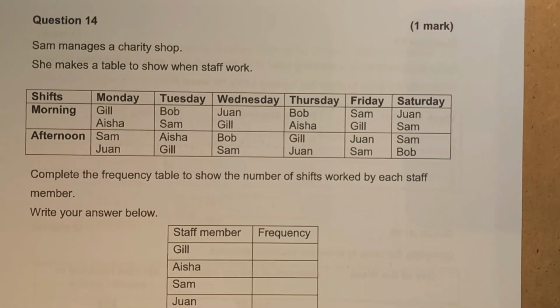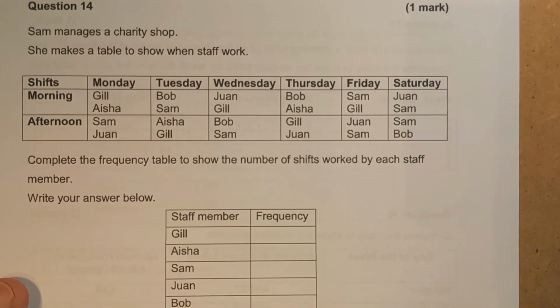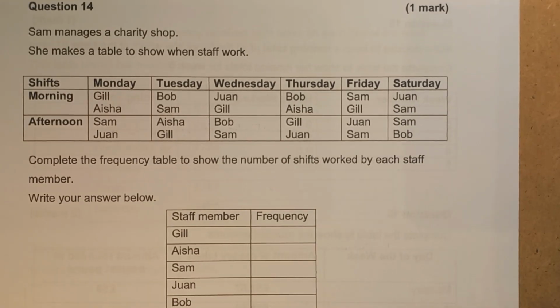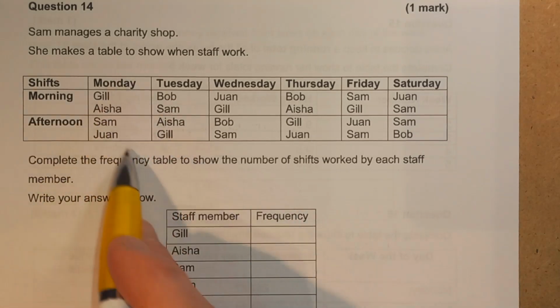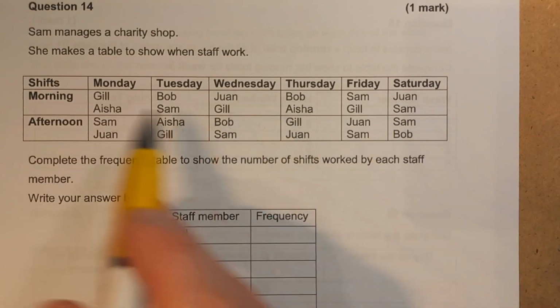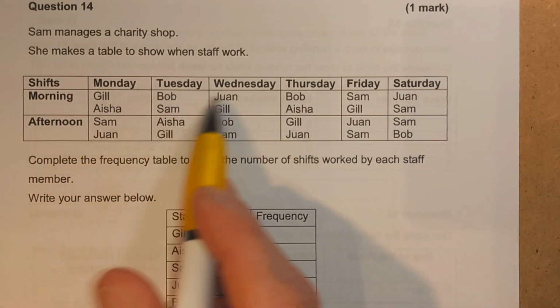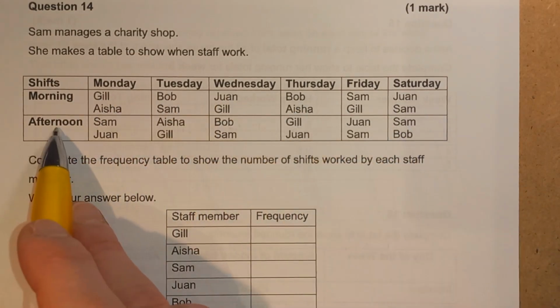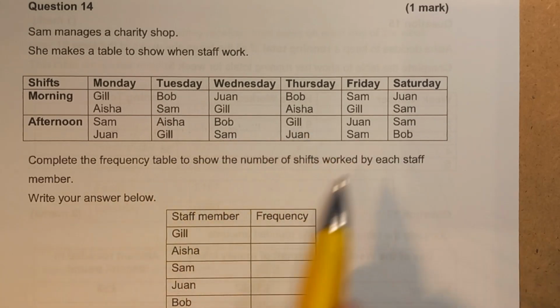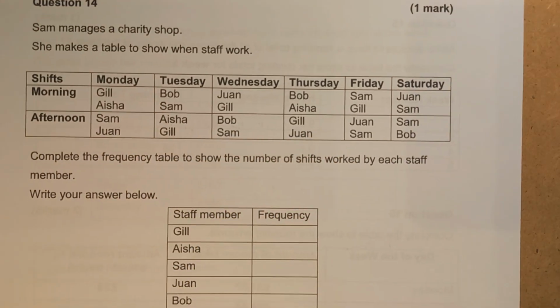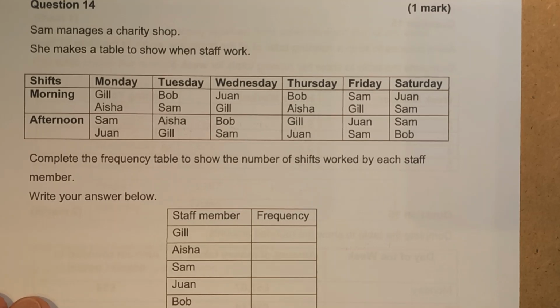Okay, question 14. Sam manages a charity shop. She makes a table to show when staff work. So we've got each day of the week, and the morning shifts, with 2 people each morning, and the afternoon shifts, 2 people working each afternoon shift. Complete the frequency table to show the number of shifts worked by each staff member.